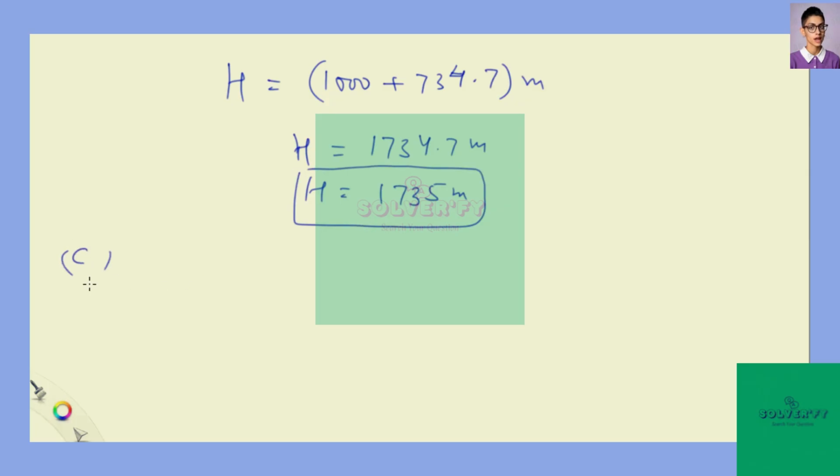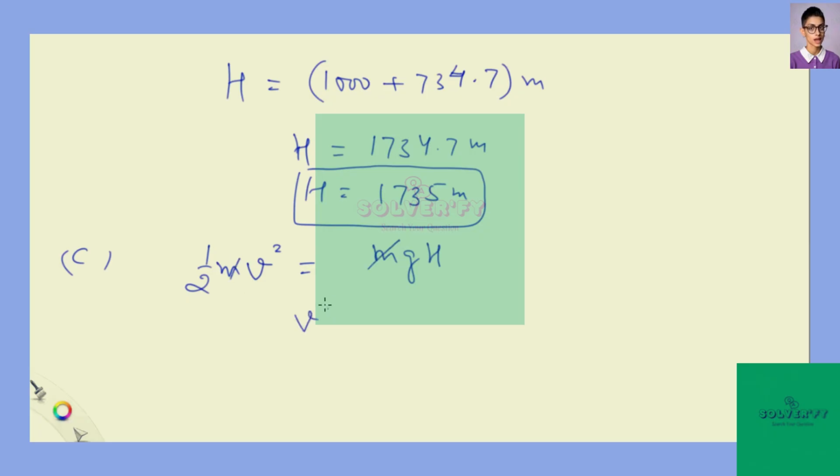Now, in the third part of the problem, we have to find the speed with which this rocket will hit the ground again. For that, we will just use the conservation of energy. Kinetic energy at the ground level, when the rocket hits back the ground, will be equal to its total potential energy at the highest point, that means mgh.